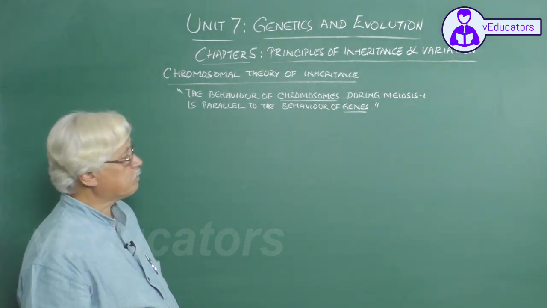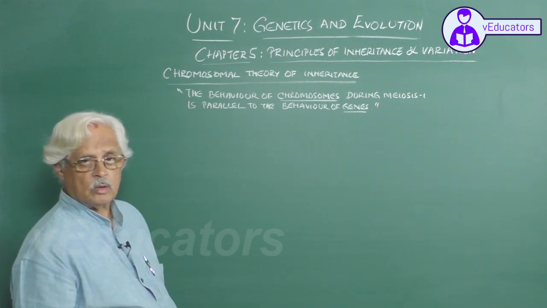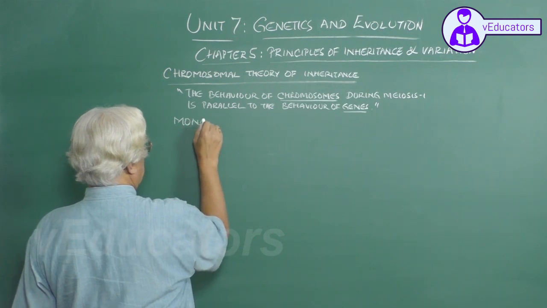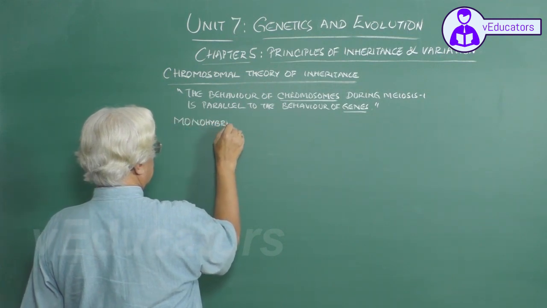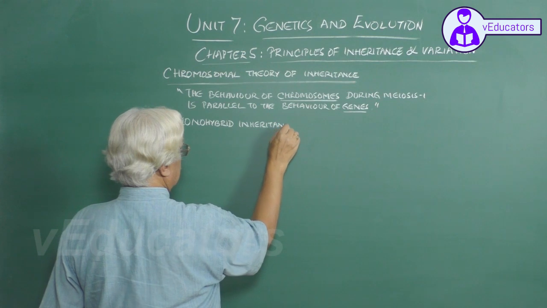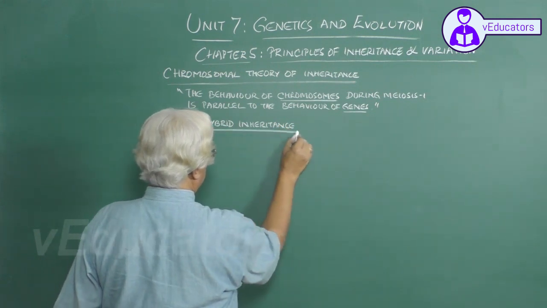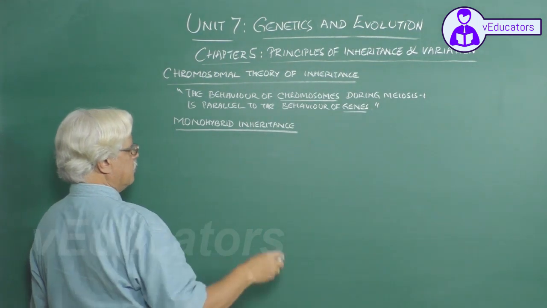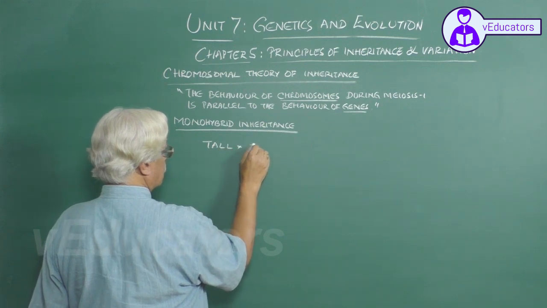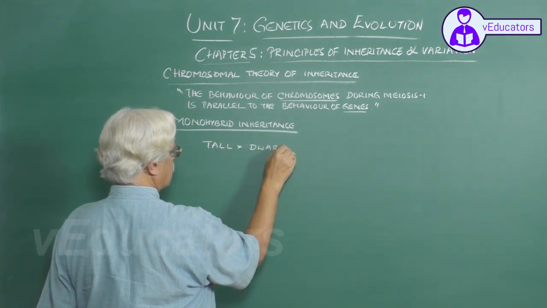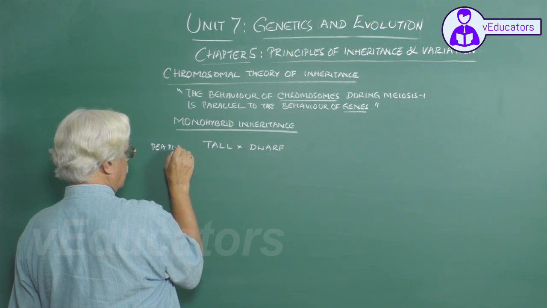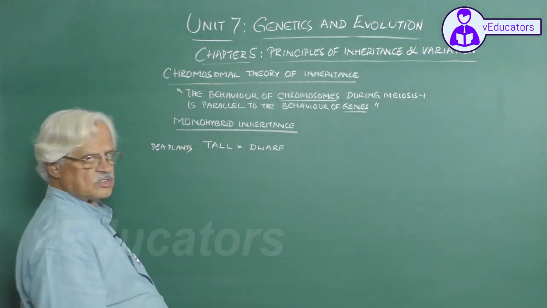Let us apply this idea to explain monohybrid inheritance. Let us go back to the same example of the pea plants, the cross between tall and dwarf pea plants.